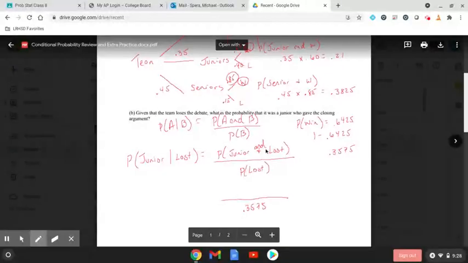Junior and lost. So 0.35 times 0.4. Right, so 0.35 times 0.4 is 0.14, divided by 0.3575 would give us our answer.